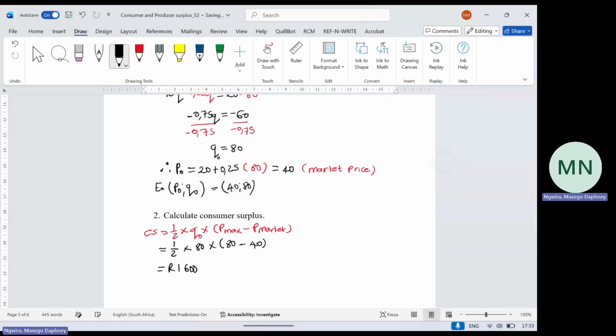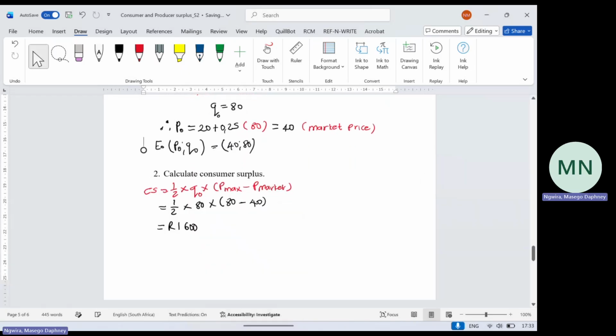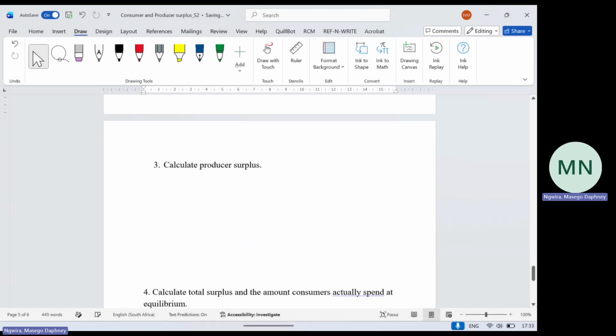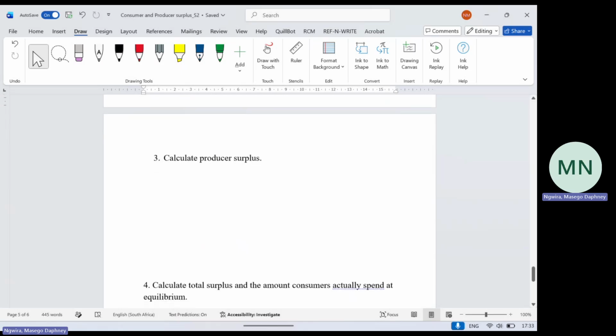And then now we move on to number 3. It says calculate the producer surplus. So for producer surplus, PS is equal to half times Q naught times the market price minus the minimum price.